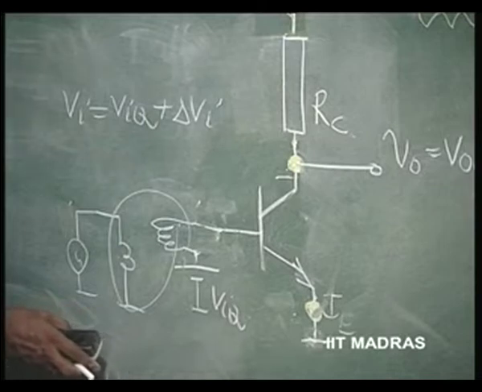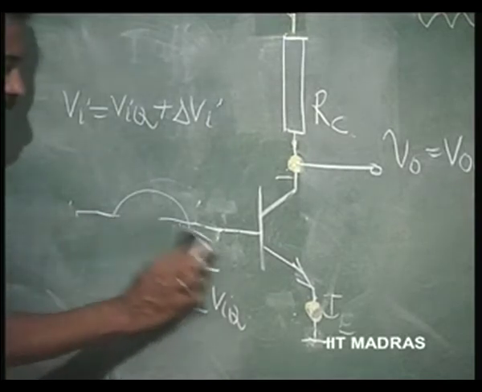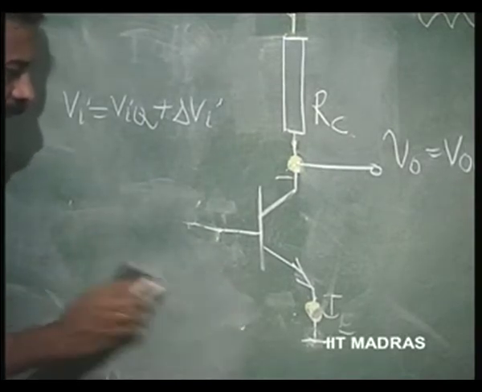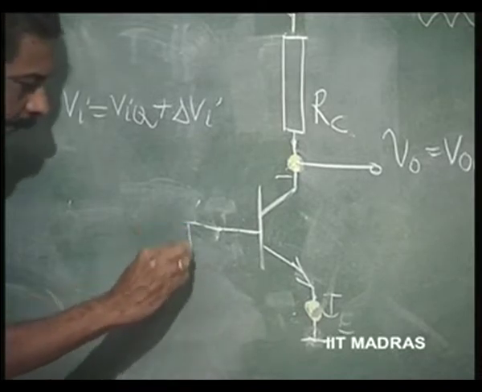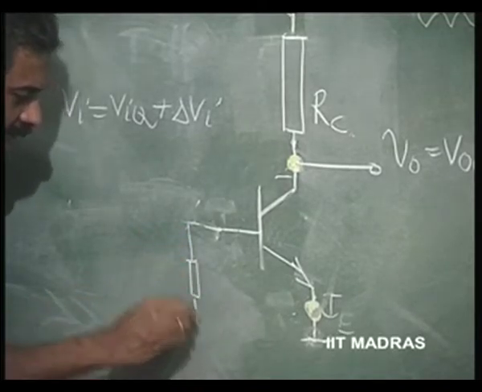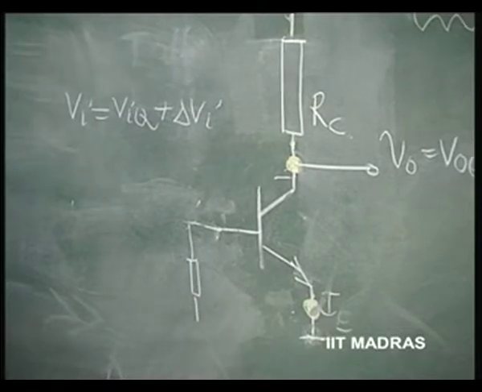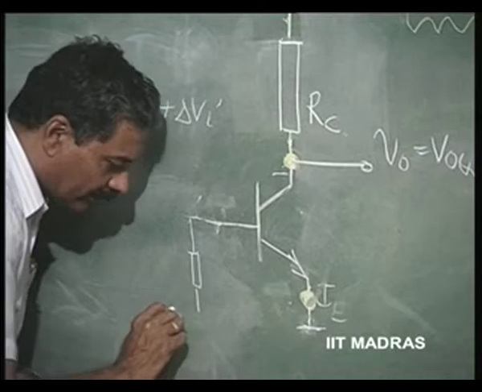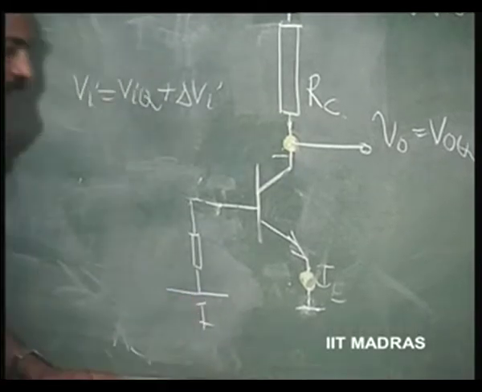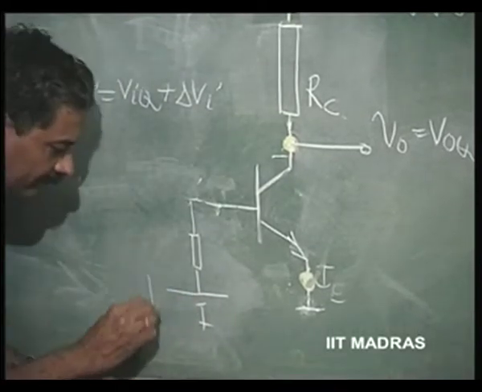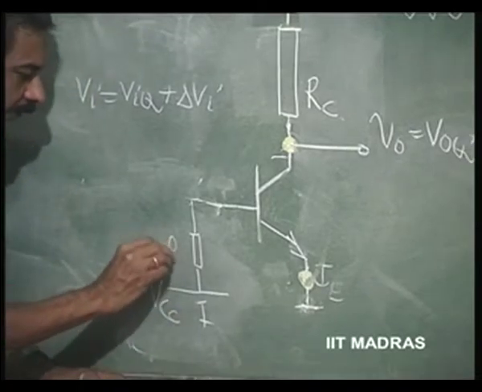One way to do this is to introduce a resistance here, so that this is not biased by means of a voltage at all. So, if I add some DC voltage here, let us say we have VCC, and then we put RB here.